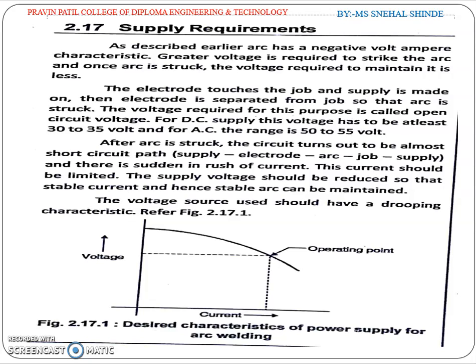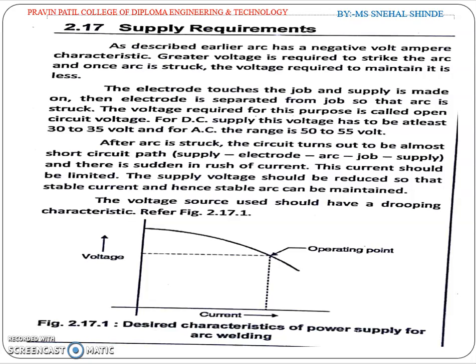The electrode is then separated from the job so that the arc is struck. The voltage required for this purpose is called open circuit voltage. For DC supply, this voltage has to be at least 30 to 35 volt, and for AC the range is 50 to 55 volt.